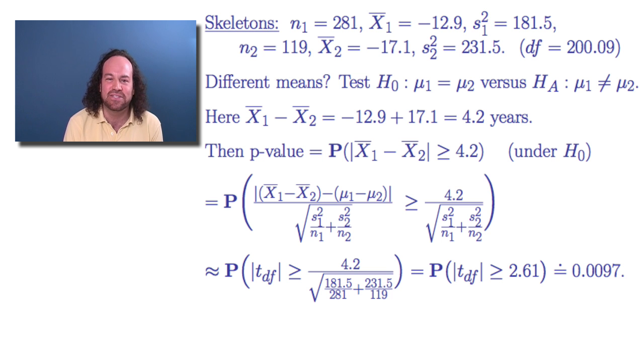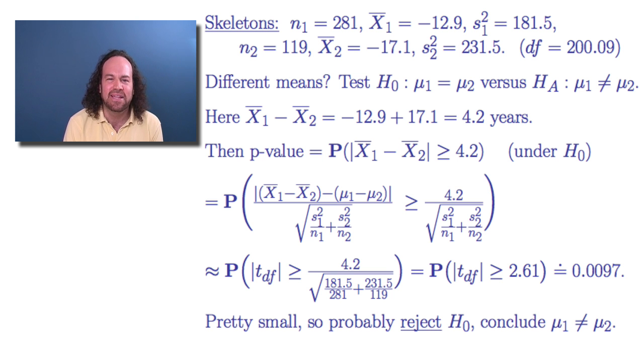And the right-hand side is just some number, and we can work it out. And we're saying, what's the probability that a t-distribution with that many degrees of freedom is bigger than or equal to 2.61? And the answer is that's pretty small. That's a little less than 1%. And so unless you have a very small significance level, you're probably going to say, well, we should reject H0. That means we would conclude that indeed mu1 is different from mu2. Indeed, the mean age difference for the male skeletons, even the true mean, is simply not the same as the true mean for the female skeletons.